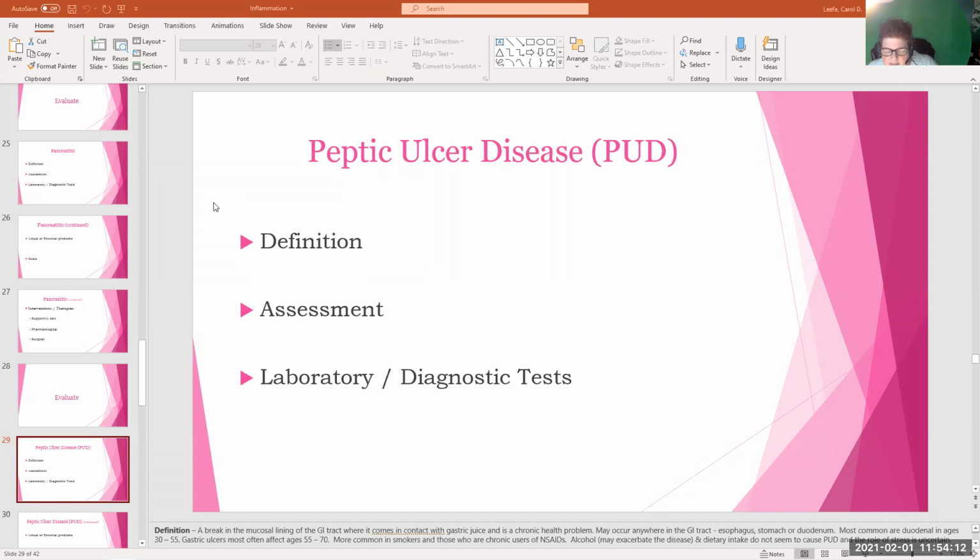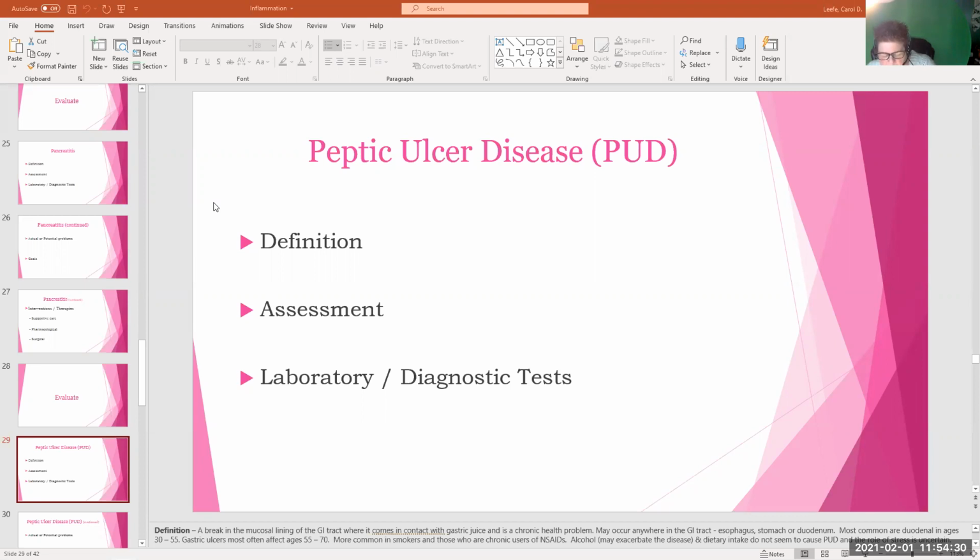Assess the abdomen, again, bed rest with head of bed elevated, manage the pain. So teach relaxation and stress reduction, okay?